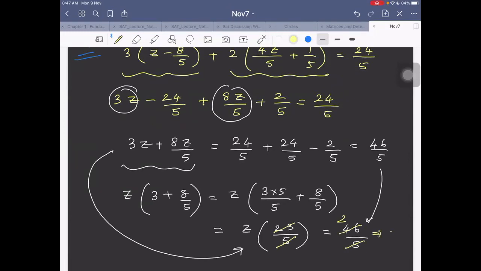So your z is 2. Yes, this is fine, right? So this is how you normally do a problem which involves fractions.